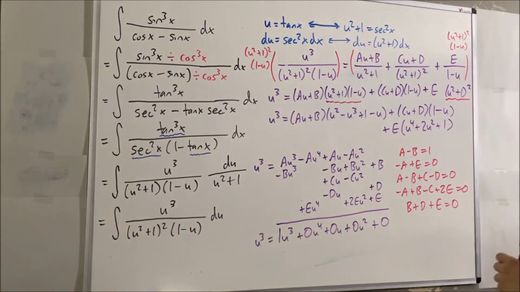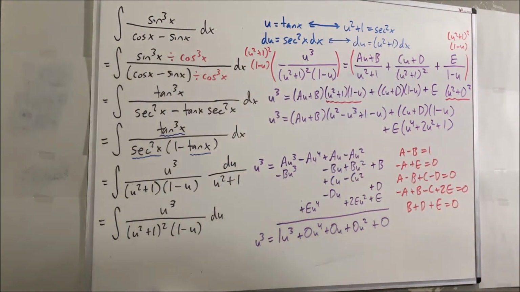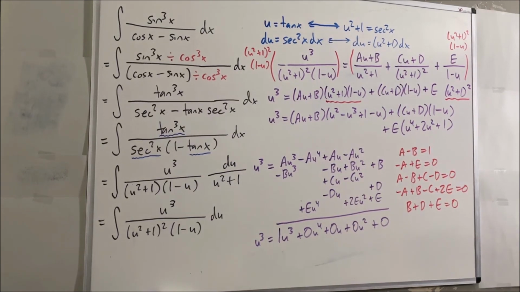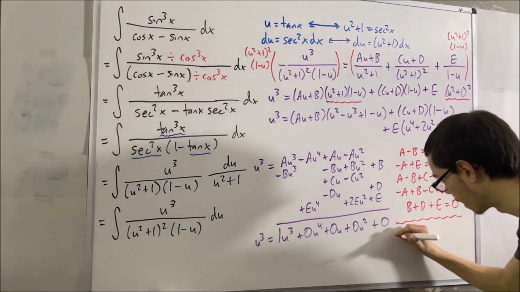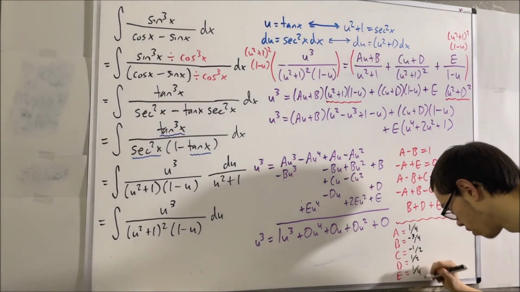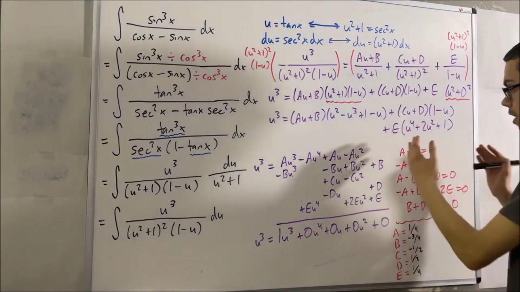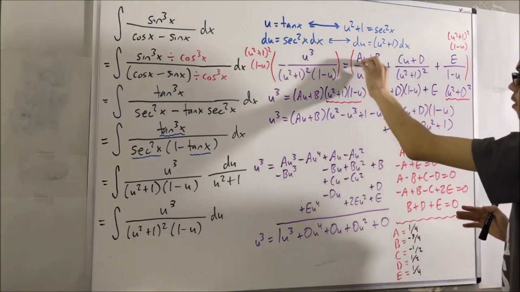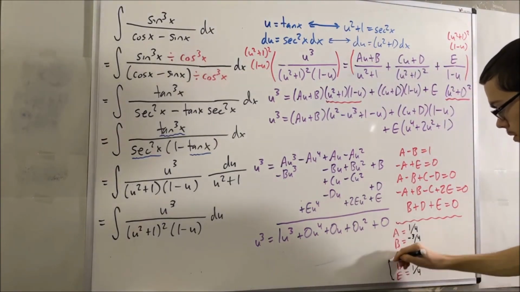And so really, we have a linear system of 5 equations. And if you were to solve for A, B, C, D, and E, you would get the following. So this is the solution to this linear system, and that's really what we're going to be replacing A, B, C, D, and E with, these numbers.